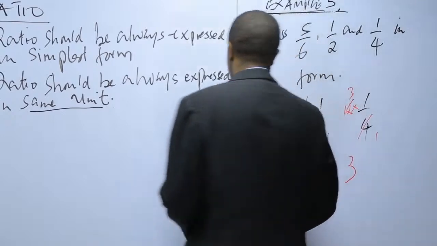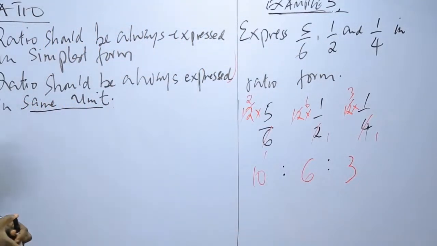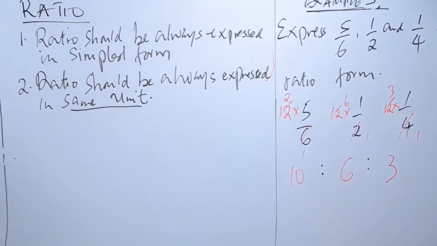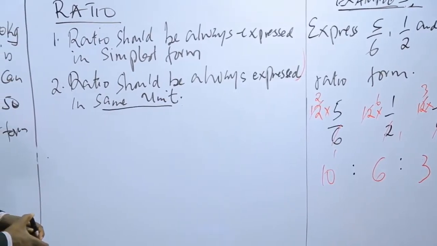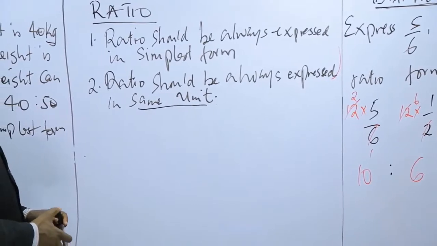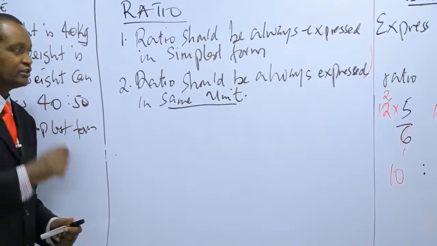So these are examples which we have done in today's lesson to help us understand the ratio. Remember, we had an objective: by the end of this topic on ratios, we should be able to work out problems involving ratios.